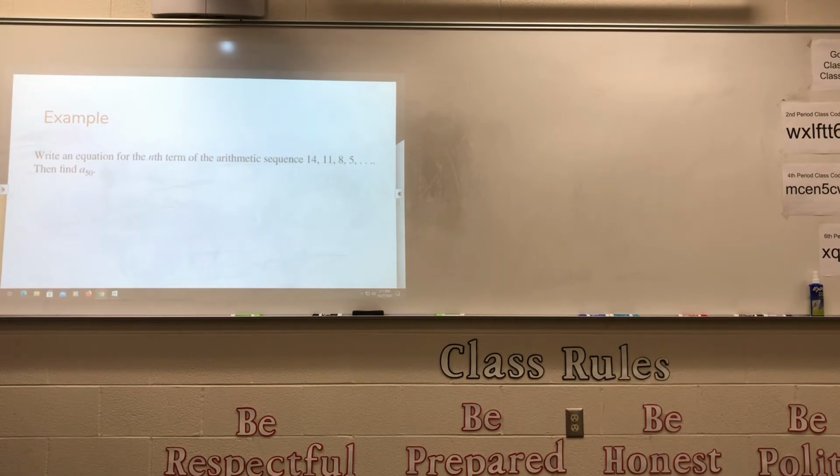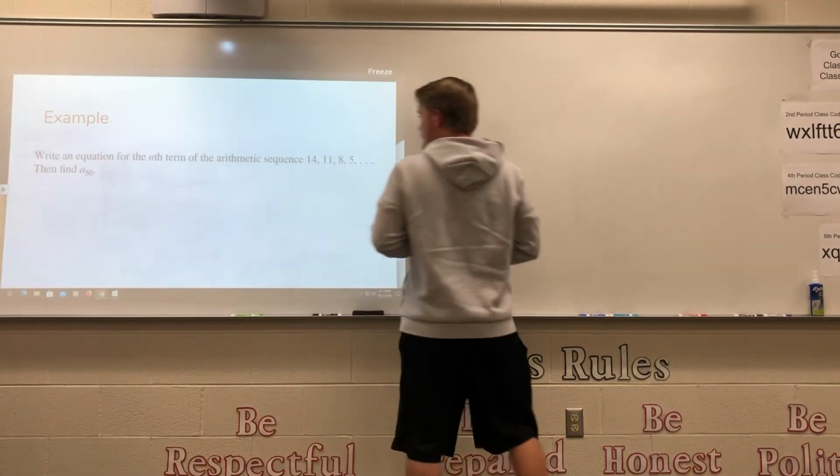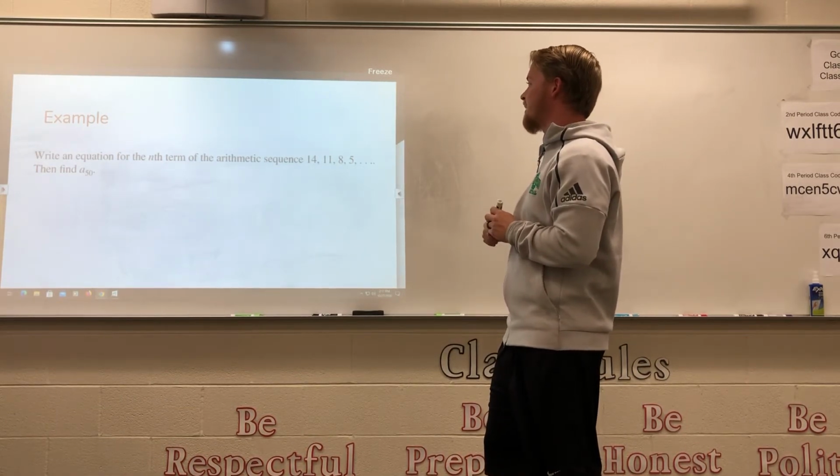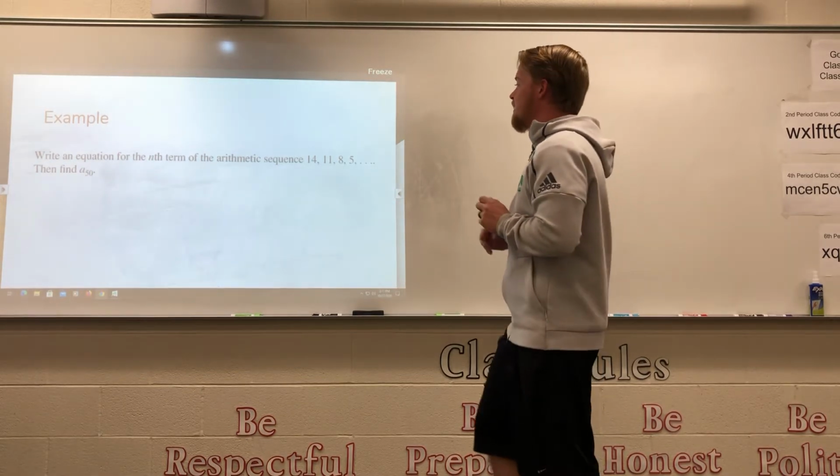Let's look at this example real quick. It says write an equation for the nth term of the arithmetic sequence 14, 11, 8, 5, and so on, then find a_50. So there are two things we have to do.